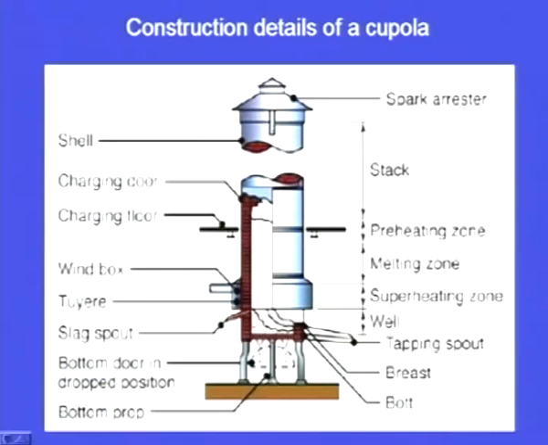So, here we can see there is a shaft, this is the shaft. So, this shaft height is 6 meters to 10 meters and its diameter varies between 0.5 meters to 2.5 meters, and here we can see cast iron base and we can see cast iron legs are there.